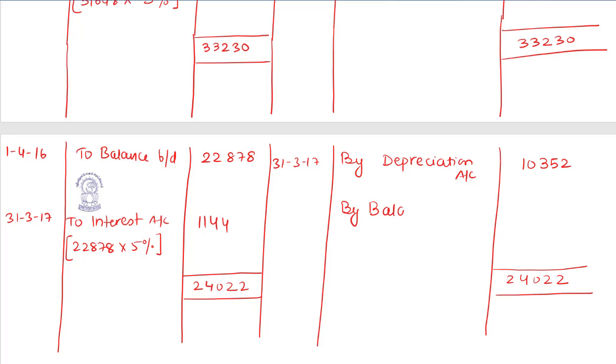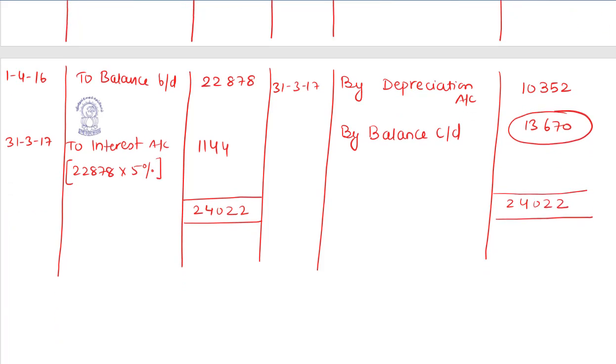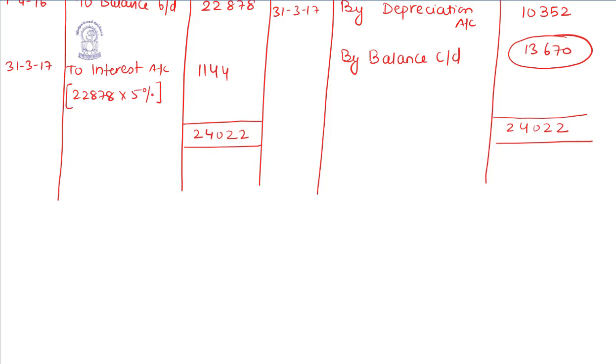By balance carried down, the balancing figure, 24,022 minus 10,352, is 13,670.